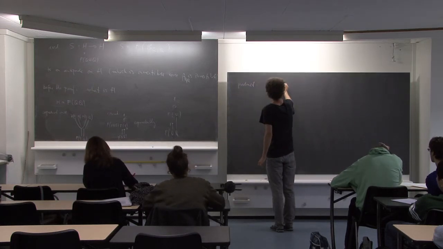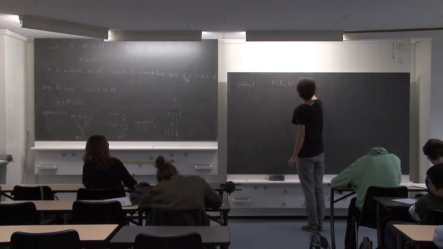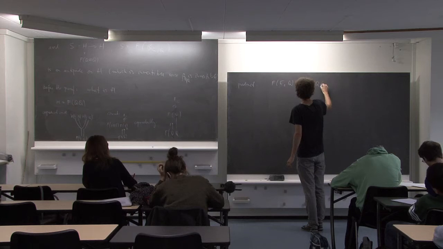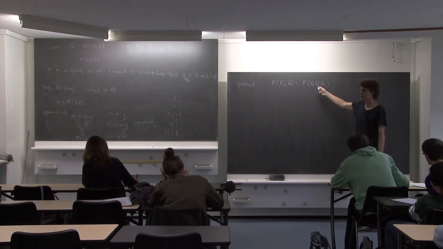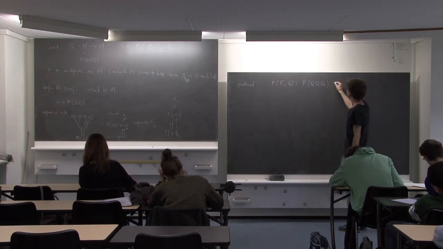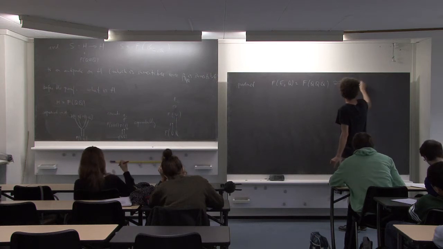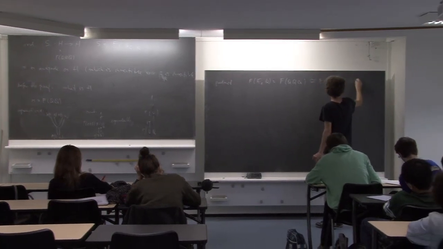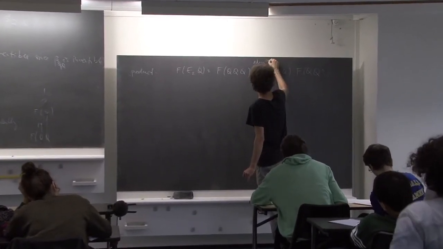So we just take this F of E2Q, which is F of Q, Q, Q. And now remember, this being admissible implied that this guy is isomorphic to FQQ tensor FQQ.